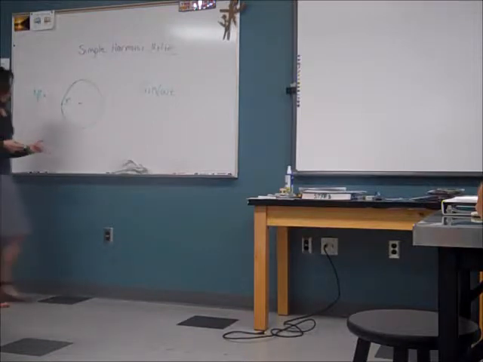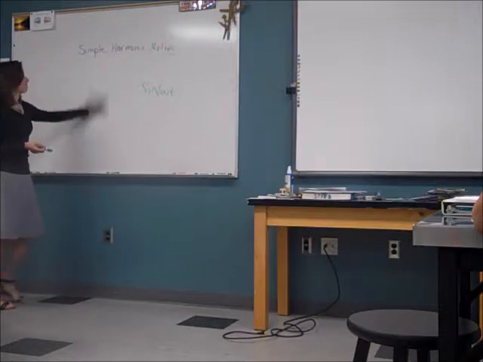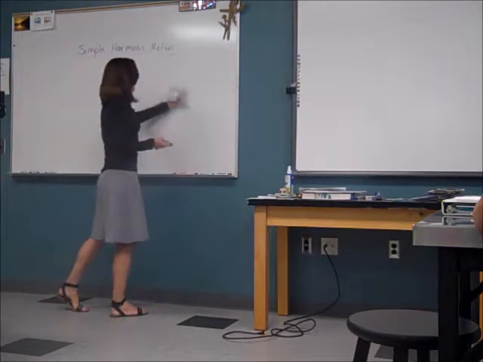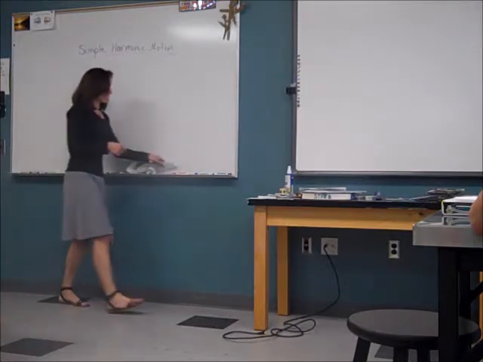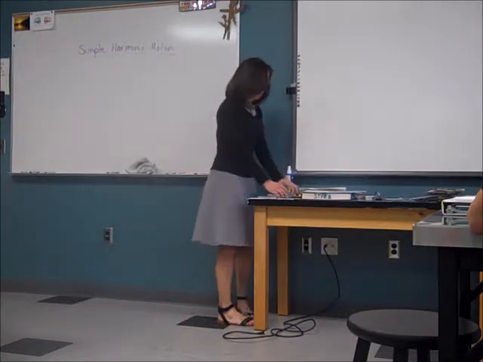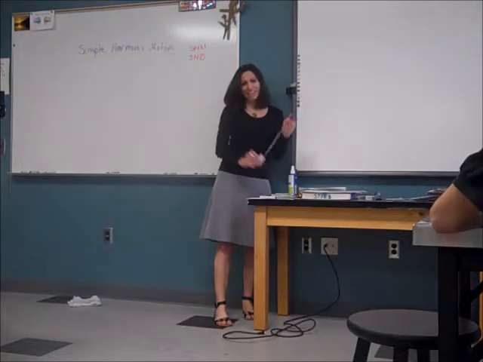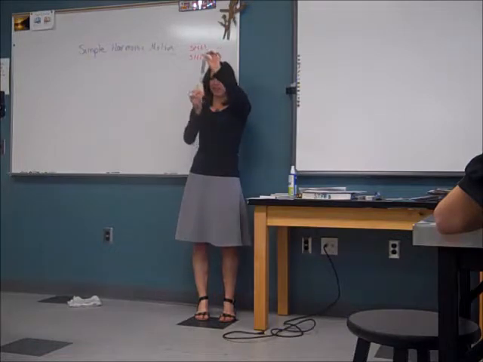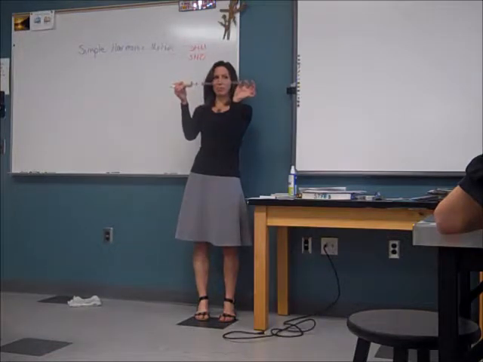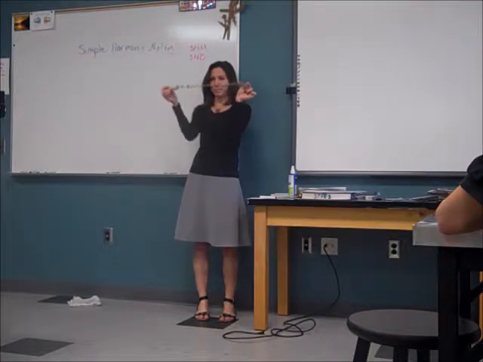But let's take a step back for a second. Let's talk about a specific type of simple harmonic motion, and that is a mass on a spring. Instead of a mass oscillating this way, it's like a mass on a table, the spring's attached to one end, and it's set into motion like this.